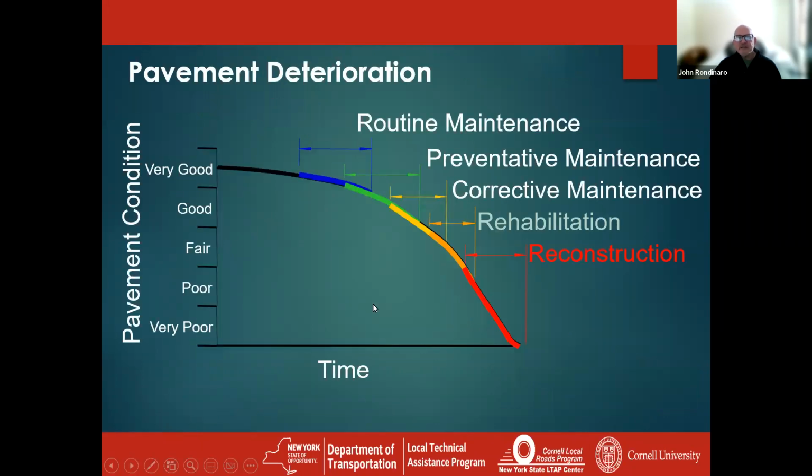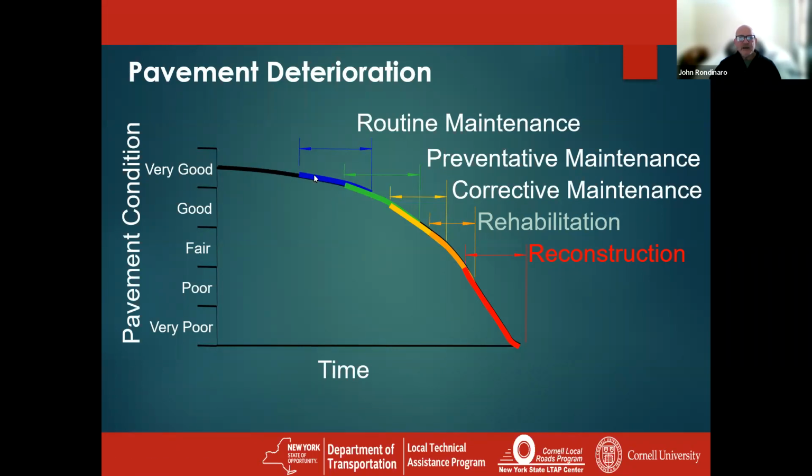And you can take that same pavement deterioration curve and overlay the types of work that we can do in the various condition levels. While that pavement's still in relatively good condition, we're doing our routine maintenance like our ditching or guide rail repair, mowing, all those kind of things. We're also starting to do our preventive maintenance activities, our crack sealing primarily.